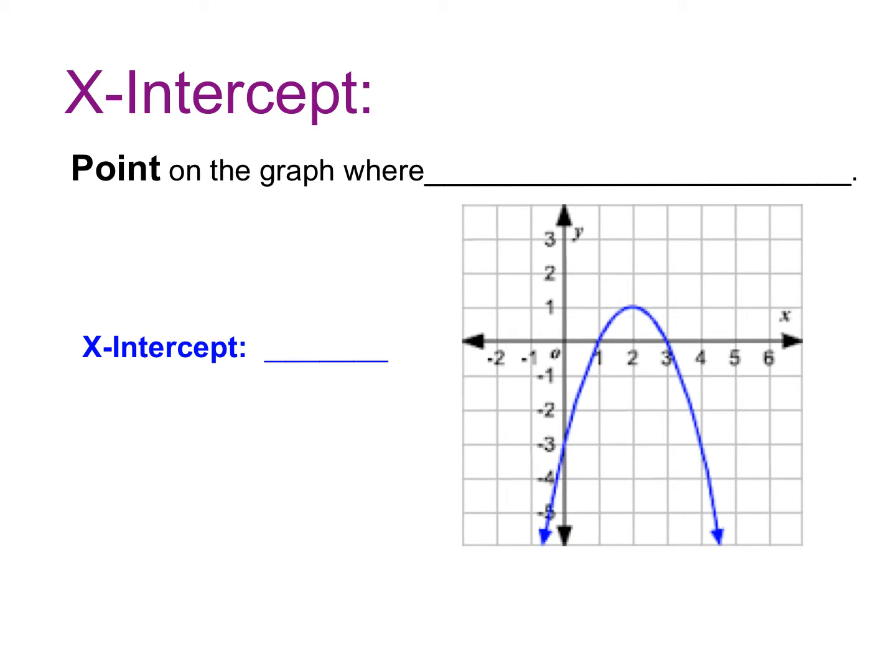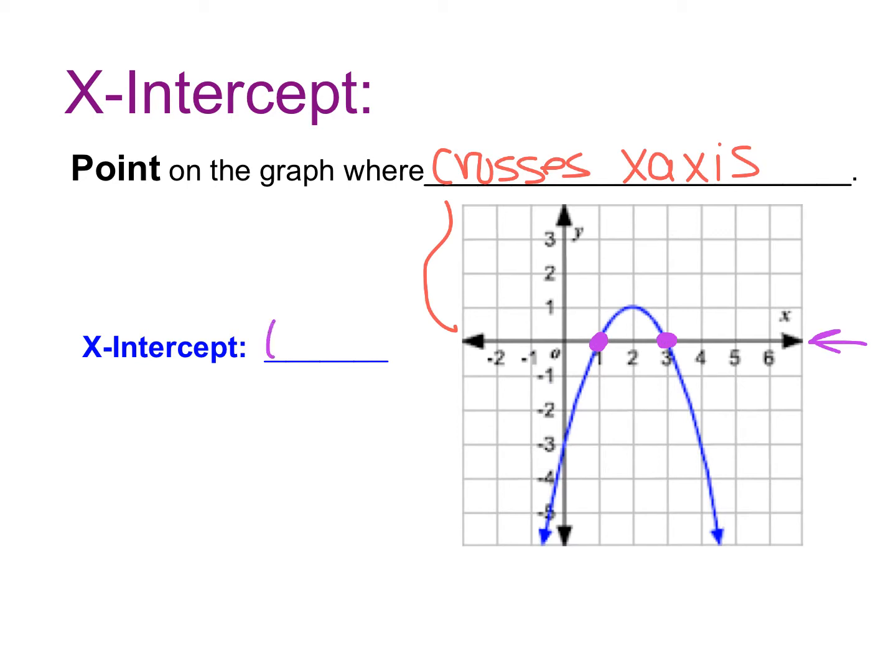In addition to the y-intercept point, we'll also need to find the x-intercept point. And the x-intercept point is the point on the graph where it crosses the x-axis. Remember, that's your horizontal axis. Now here, if we look along this x-axis, we notice that there are 2 points where we cross the x-axis. And as a result, we have 2 x-intercept points.